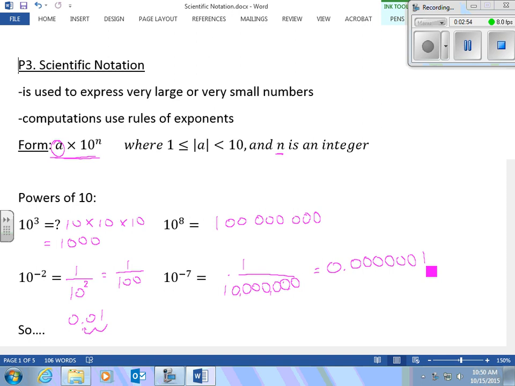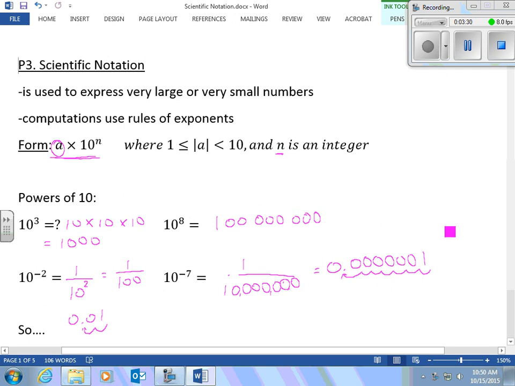So you think tenths, hundredths, thousandths, 10,000ths, 100,000ths, millionths, 10 millionths place, or you think about moving that decimal place 7 spaces. When we just say a 1, the decimal place is after the 1. So we're moving 1, 2, 3, 4, 5, 6, 7 spaces to the left to get 10 to the -7.